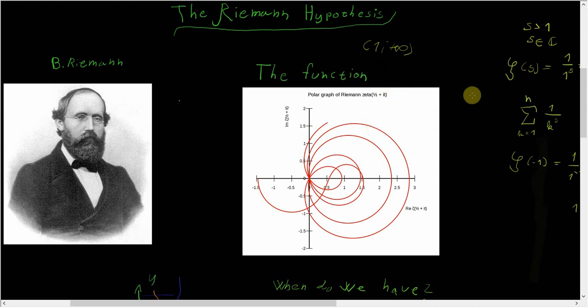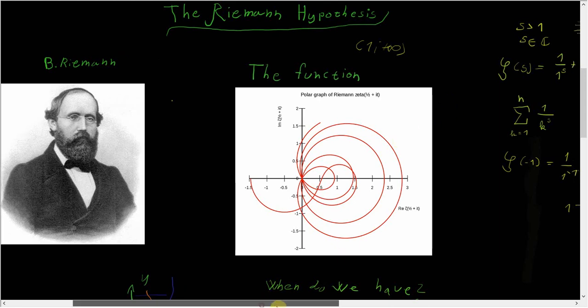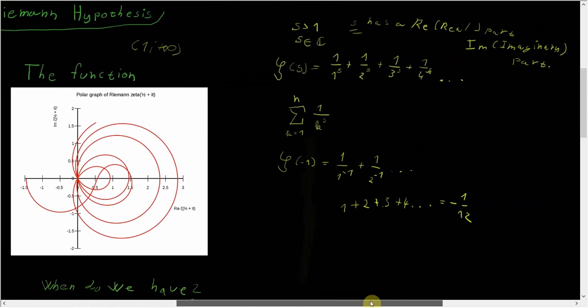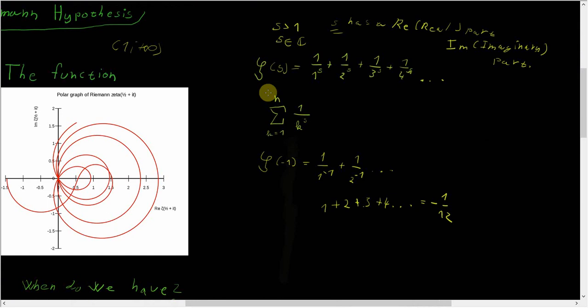But the whole point of this function is, if I just scroll to the right, this is the notation for the Riemann zeta function. It's basically a sum of numbers with an exponential value. S can be, well, the function is really defined when S is greater than 1.